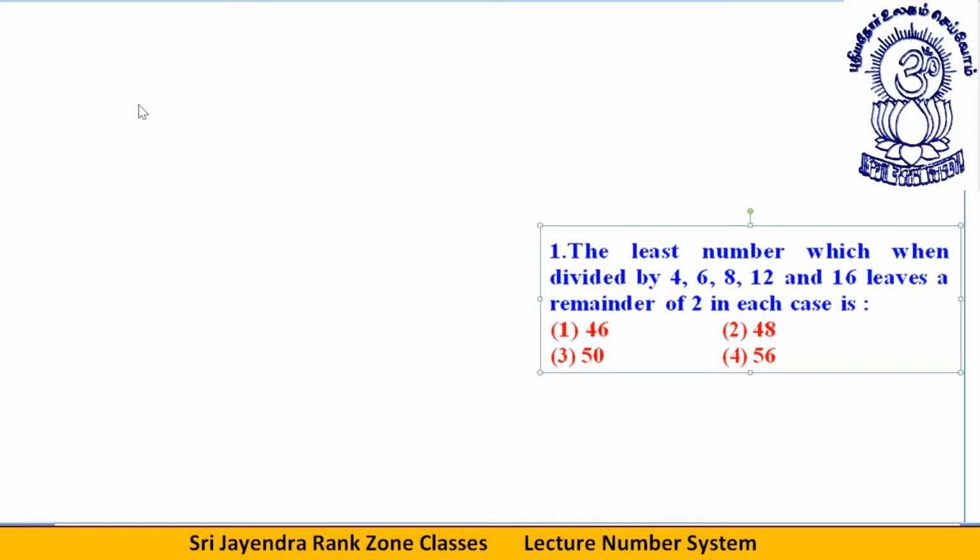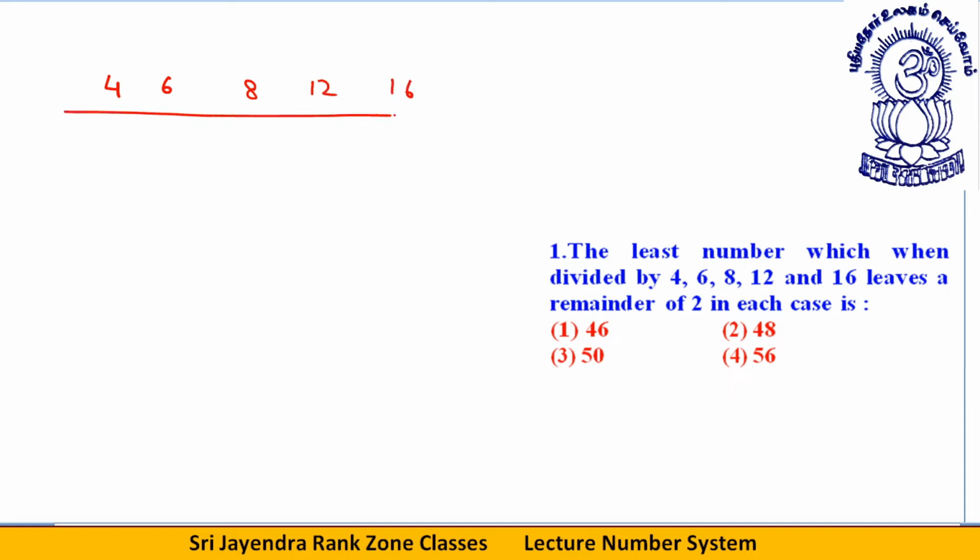The least number which, when divided by 4, 6, 8, 12 and 16, leaves a remainder 2 in each case. What we have to do, dear students, in such cases, write down the numbers 4, 6, 8, 12, 16. Find the number which is divisible by all. First of all, let's divide them by 2.